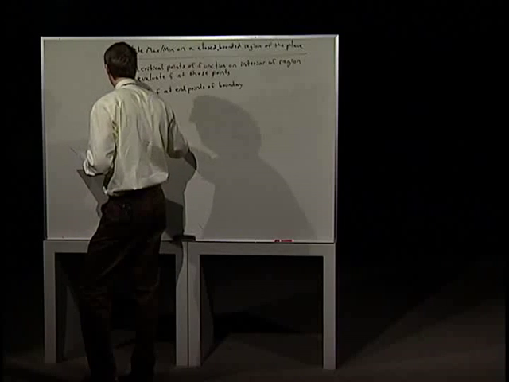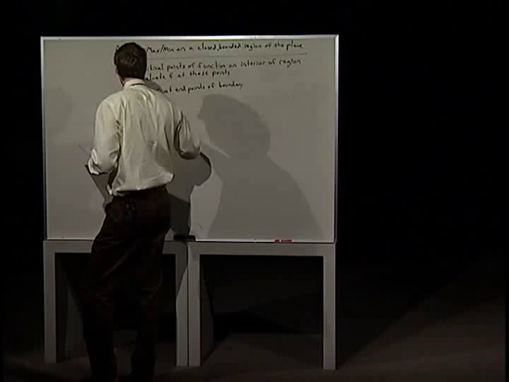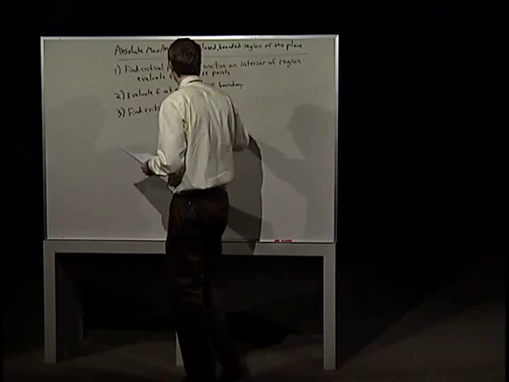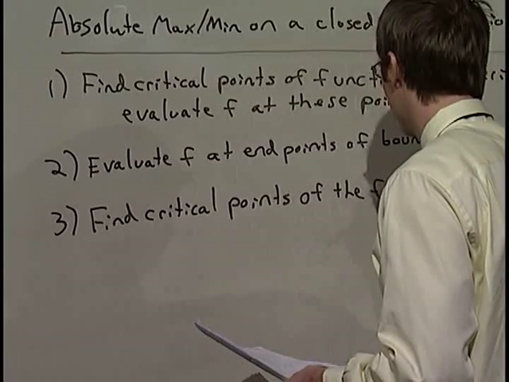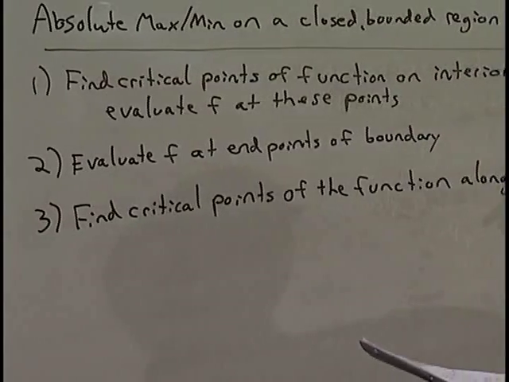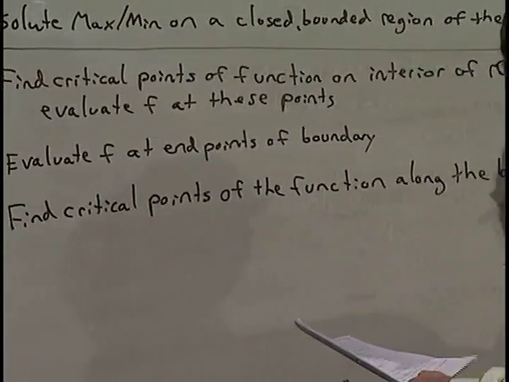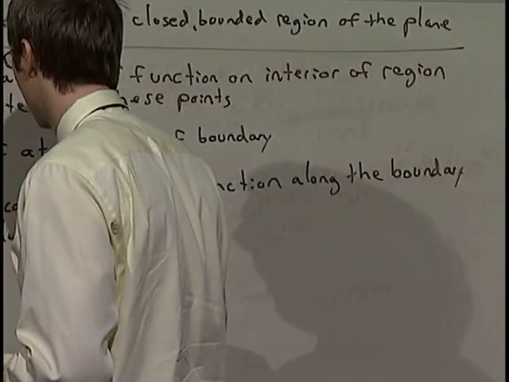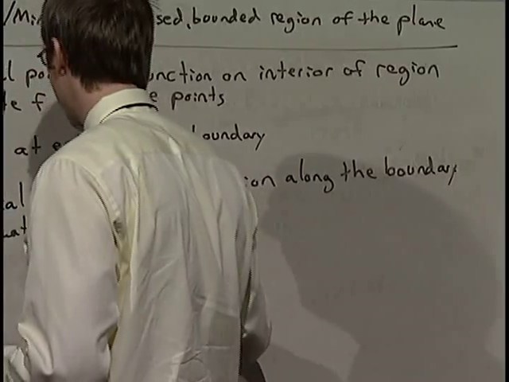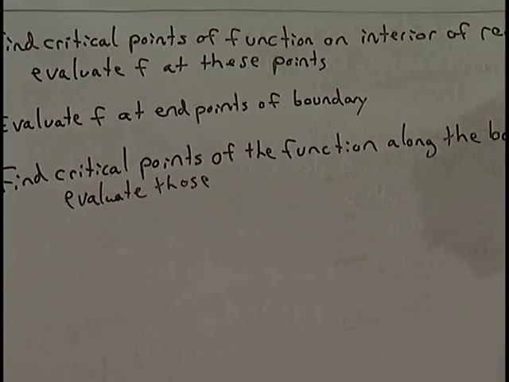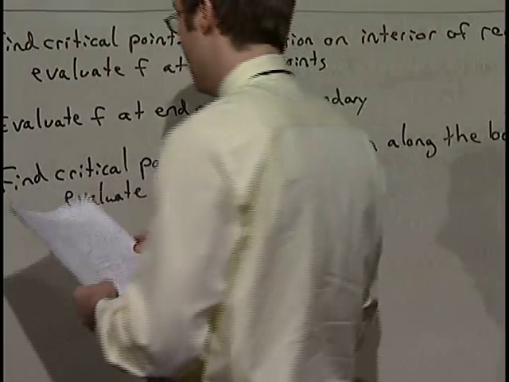And you also have to find the critical points of the function along the boundary, right? Okay? And then evaluate those. So that's the one thing we haven't done yet, is finding those critical points along the boundary. We'll do that in a second with an example.